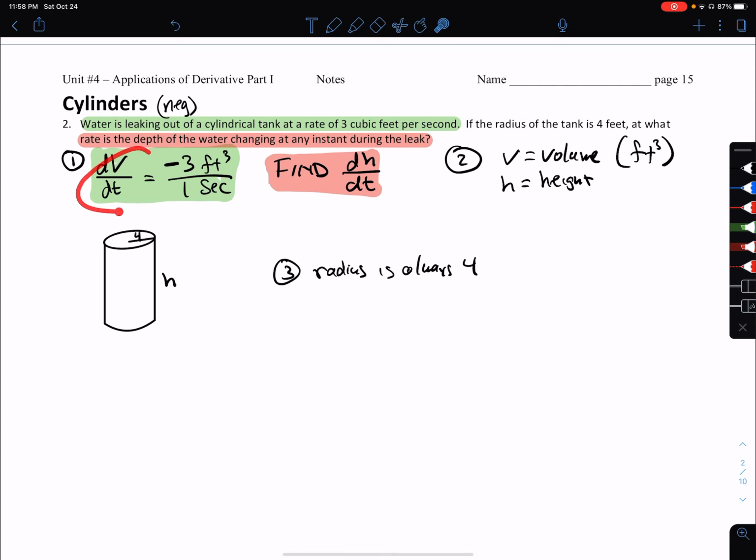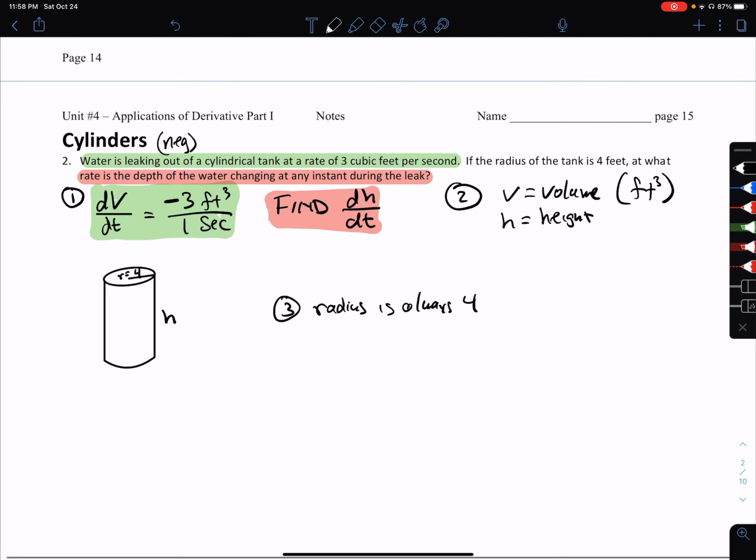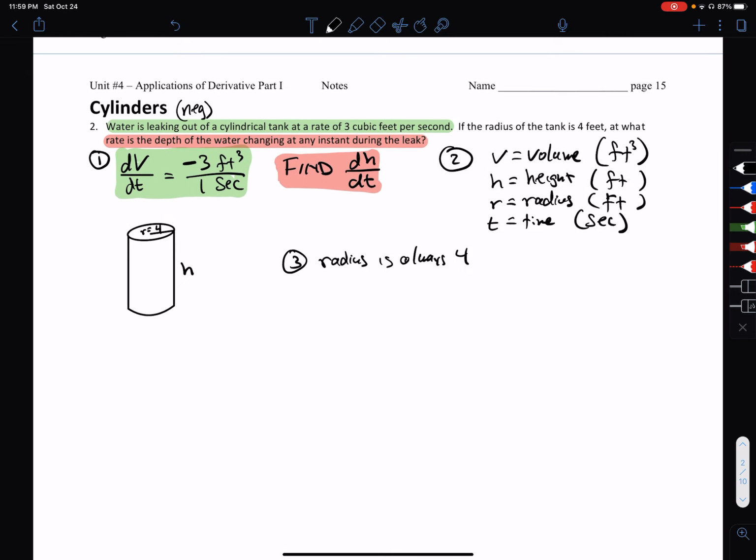I don't see this in anything here, but it mentioned that the radius was 4 feet. That was here. Probably should have put an R equals there. So R is radius. We're assuming that the height and the radius are the same units, which are in feet. And then finally, T is time. It mentions seconds in the problem, so the units are seconds.